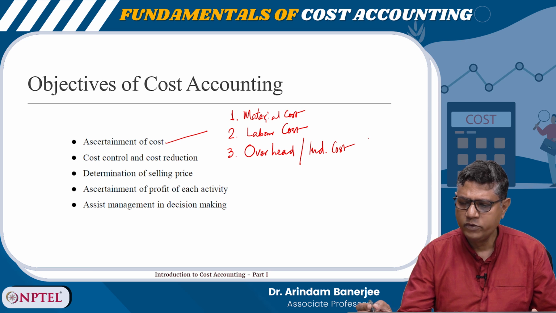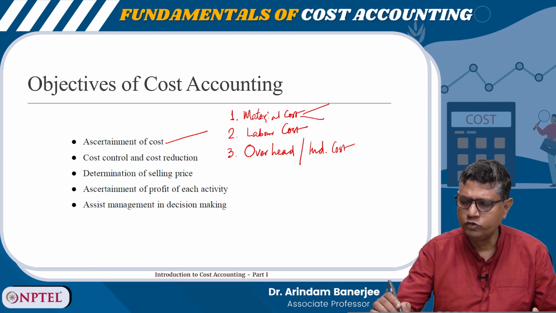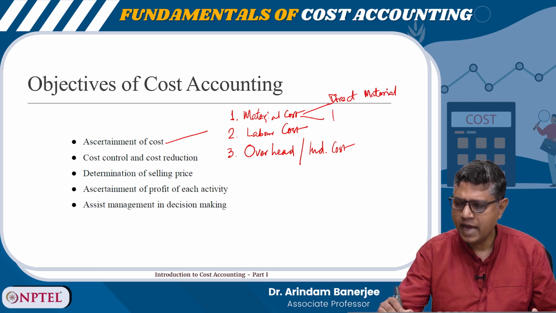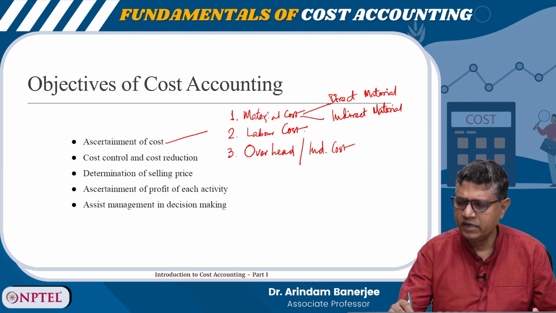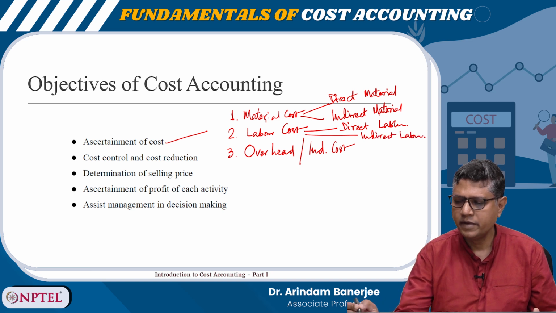Fine. Now, when I am doing this, material cost I can further divide into two parts. I can say there is direct material and indirect material. Similarly, labor cost can be direct labor and indirect labor.